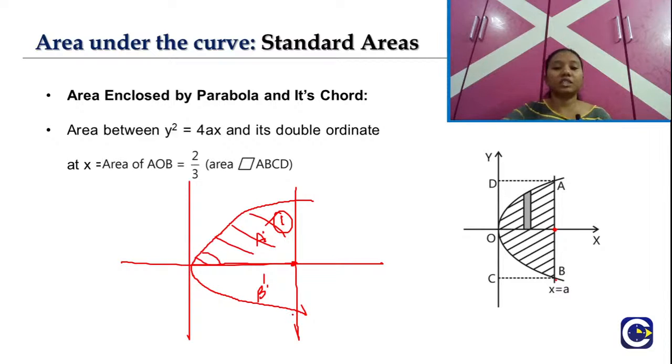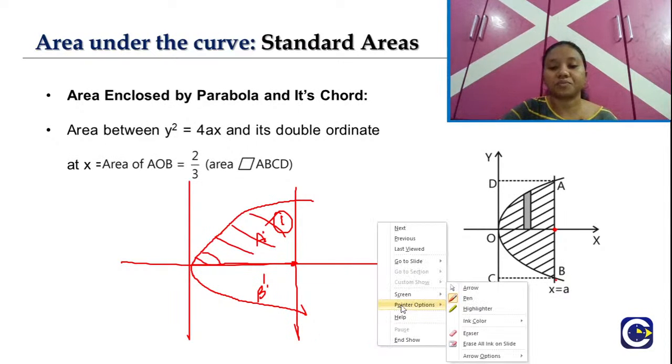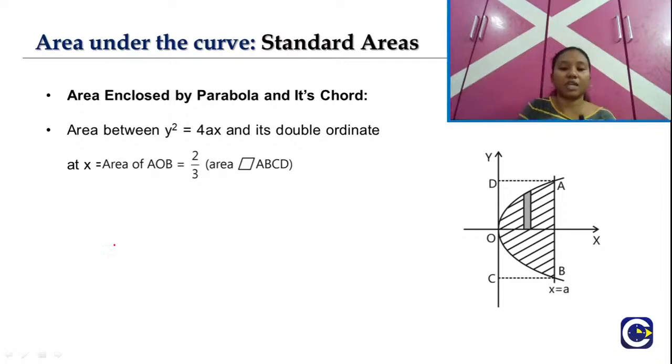Without doing those steps here, we can simply use the formula: the area enclosed by the parabola y square equal to 4ax and its chord, that is the area of this OAB, is given by 2/3 of the area of this rectangle ABCD. So this CB is nothing but a, and this AD is also a.